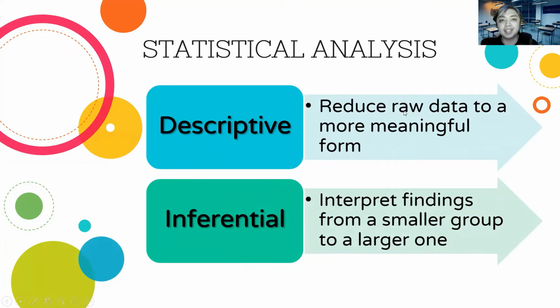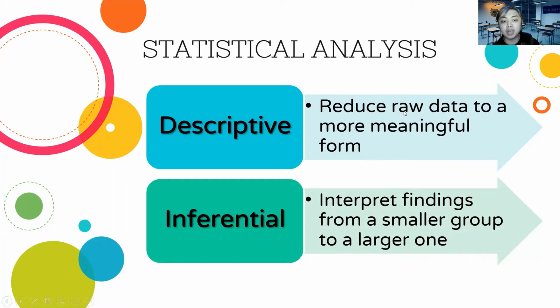So that is descriptive analysis. Diba? It tells us what is the behavior, what is the characteristic, what is the commonality of the participants in your study. In inferential, it helps us interpret findings from a smaller group to a larger one.